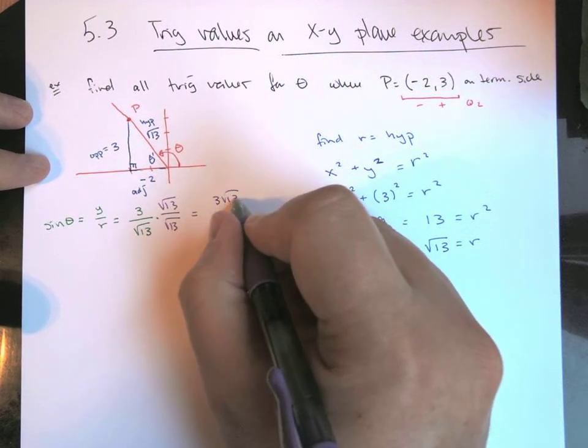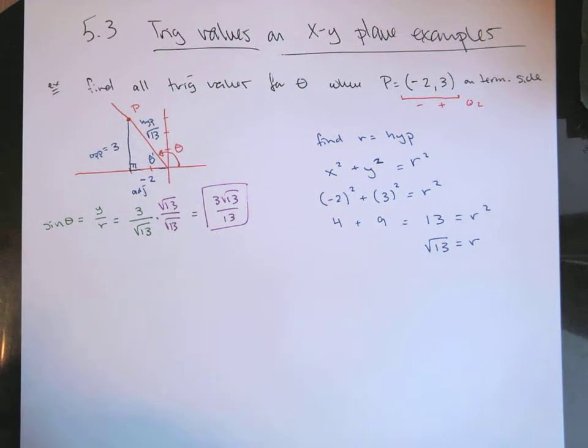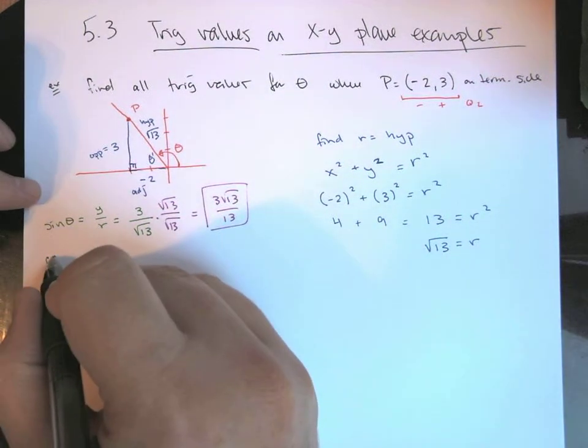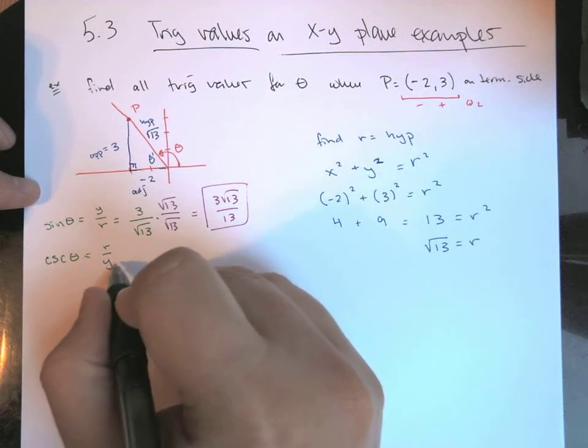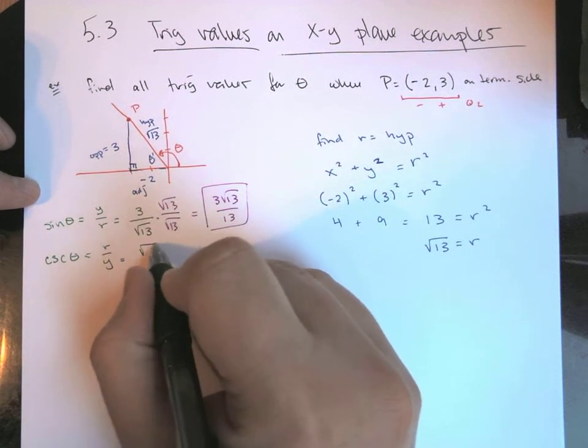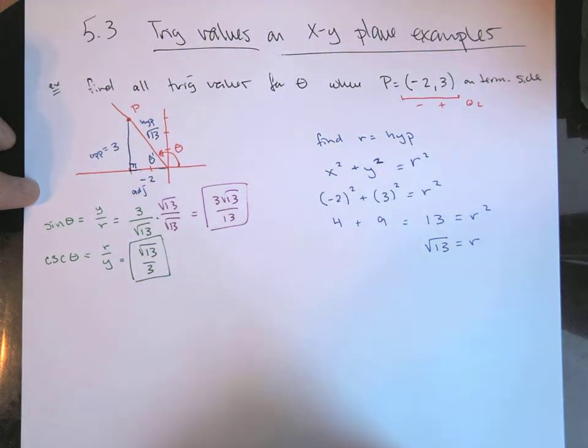So this is 3 root 13 over 13. Let's flip it while we're here. Cosecant, our reciprocal, would be the radius over y. Let's flip this early version, before we rationalized, to get our root on top, nice and fast. Save us a little trouble.